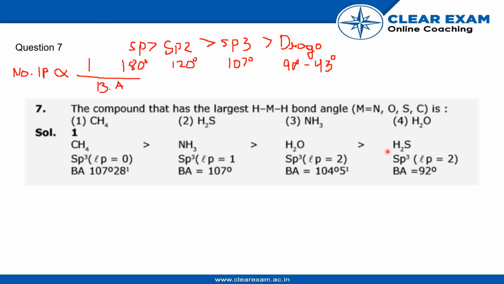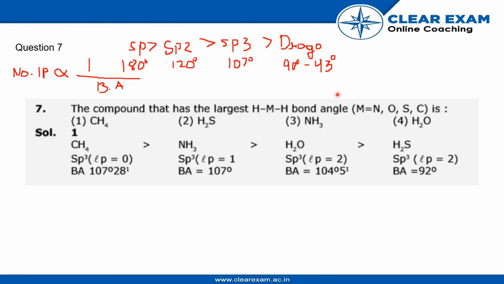So here Drago compounds come in. H2S is a Drago compound, and these compounds have 90 to 93 degrees of bond angle. So if you know which elements form Drago compounds, it will be easy for you to answer these types of questions.